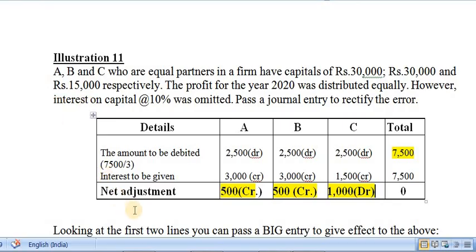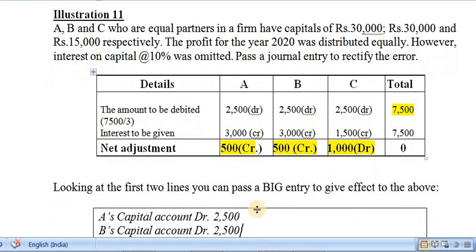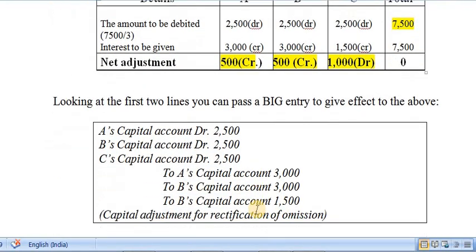This is the final journal entry. You need not do these two entries. You just make one entry. C debtor to A to B. You can decide how you want to do it. So this is the calculation. This is the big entry, but don't do the big entry. A debtor, B debtor, C debtor to A, B, C.